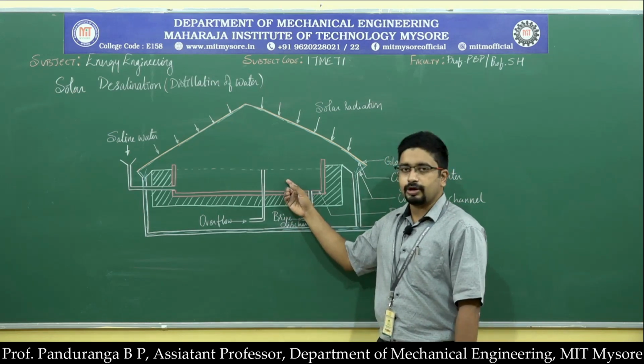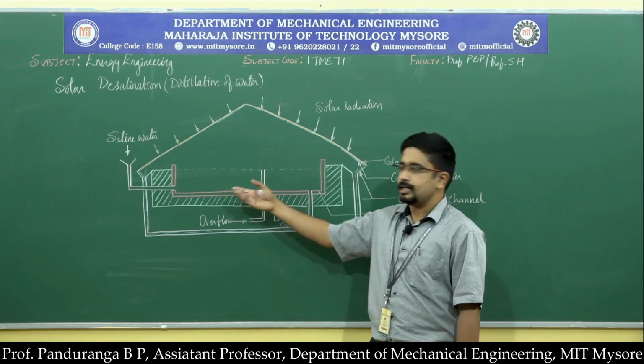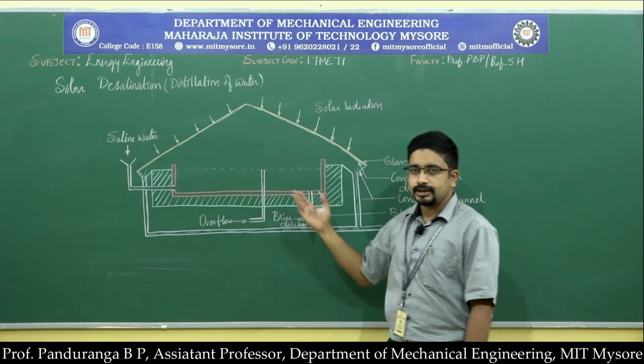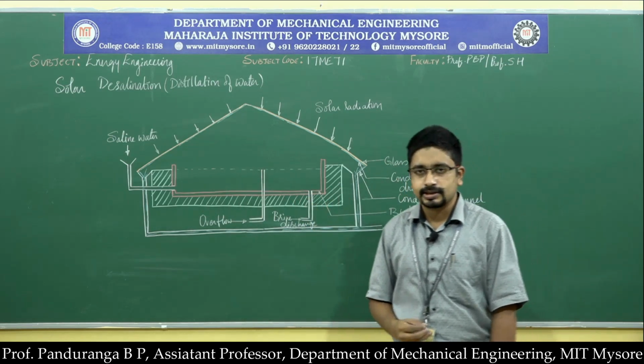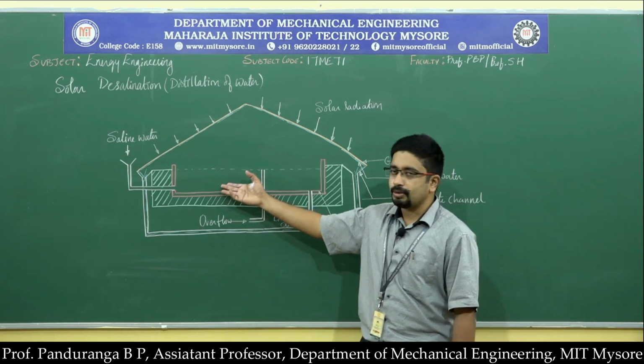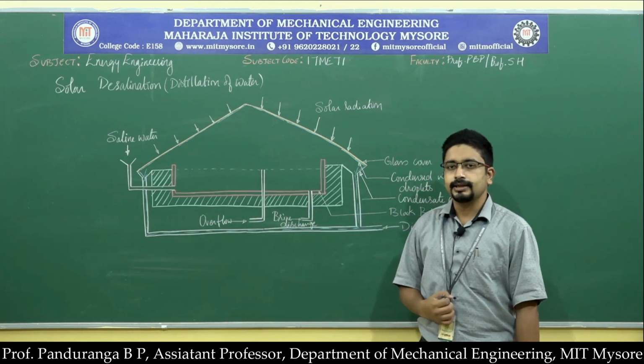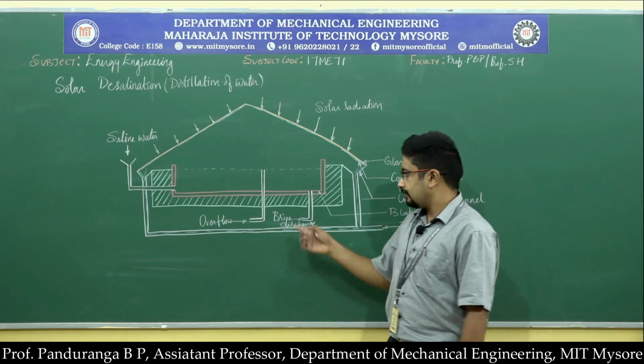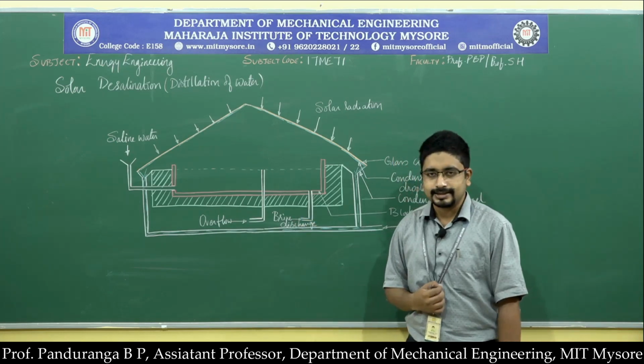That should be removed on a periodic basis, otherwise it will accumulate over the black surface and reduce the amount of energy absorbed by the black surface, in turn reducing the energy available for the desalination. So to do that, we have a brine discharge here.